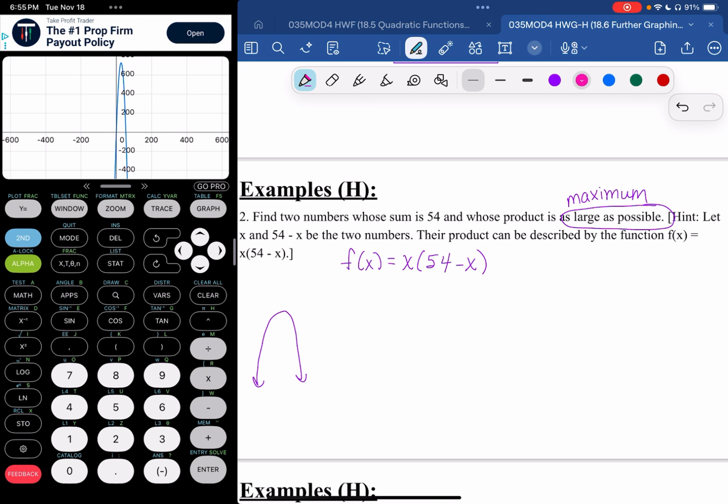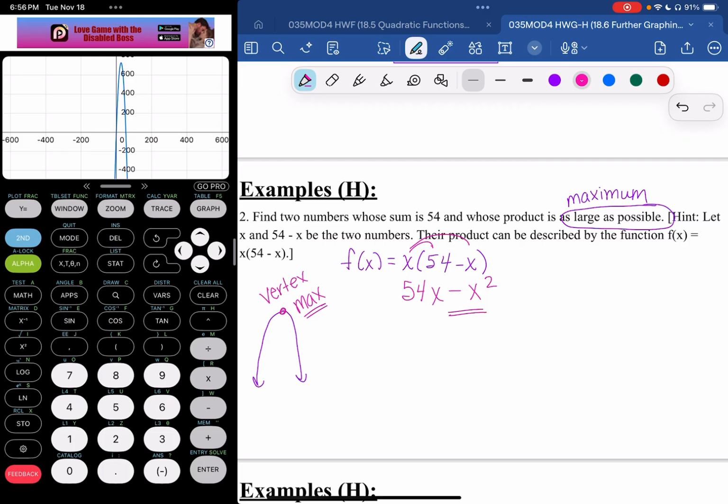Because if we were to clean this up and distribute that x, we would get 54x minus x squared. And you can see that the x squared term is negative, so that should open down, which means this is our vertex, which is our maximum, which is exactly what we want, okay?